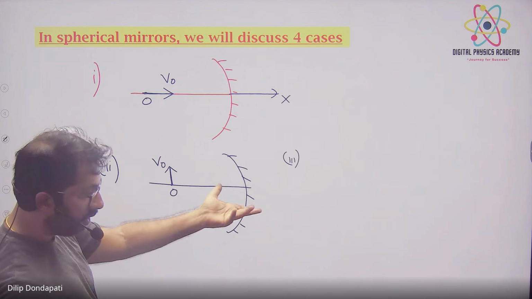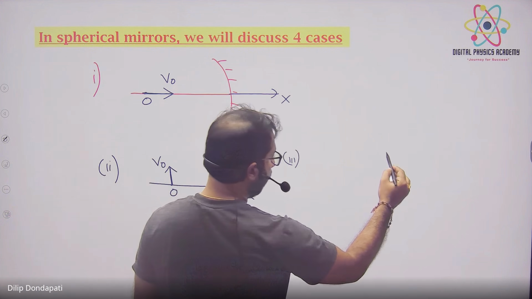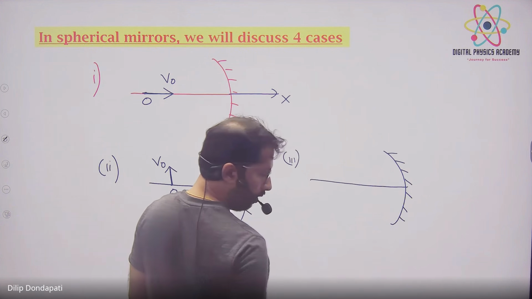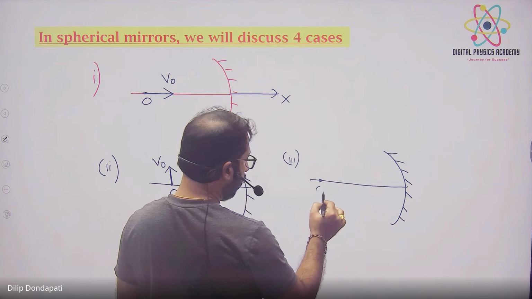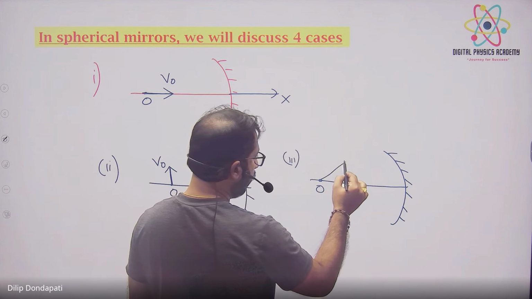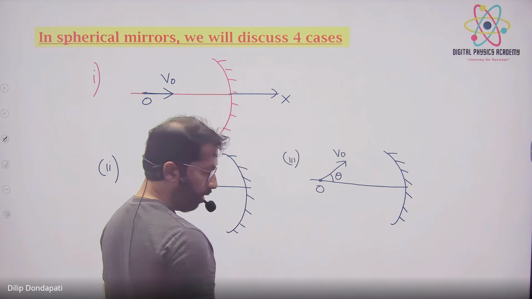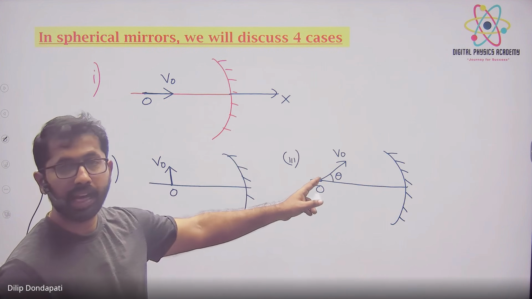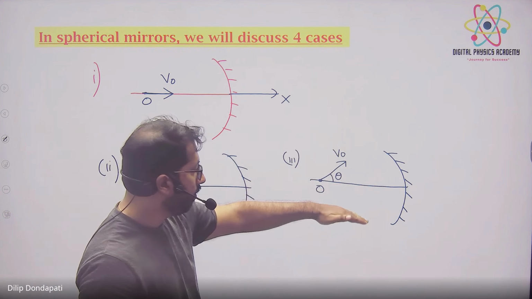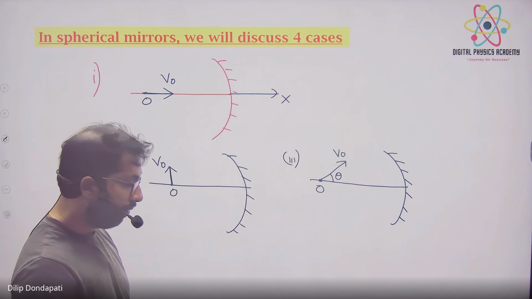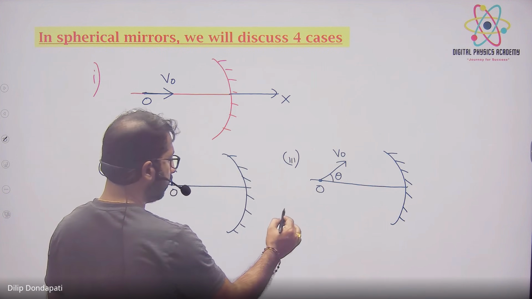Third case will be a certain angle, so with velocity v naught, angle theta. Now what will happen with the angle? You have to split into x direction and y direction, and these two cases will be coming. Okay. Now last case.